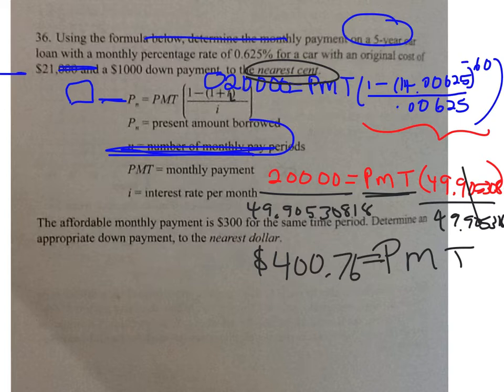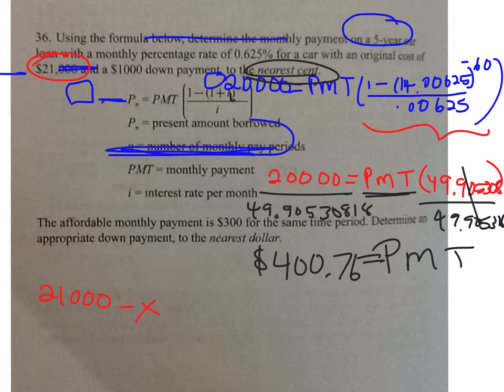Okay, so the next part says, the affordability monthly payment is $300. So you only want to pay $300 for the same time period, which means for 60 months. Determine an appropriate down payment to the nearest dollar. Okay, so remember, the car was $21,000 to start off with. So I want to do $21,000, right? That's what we're starting off with, minus some down payment.